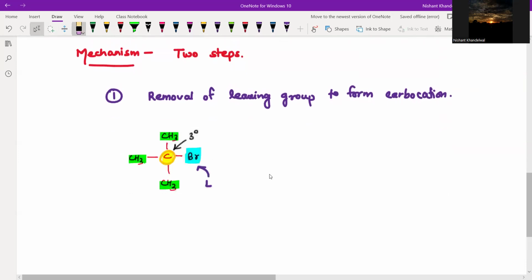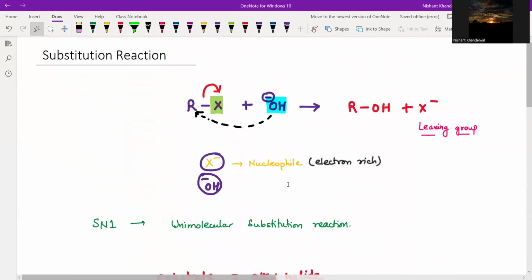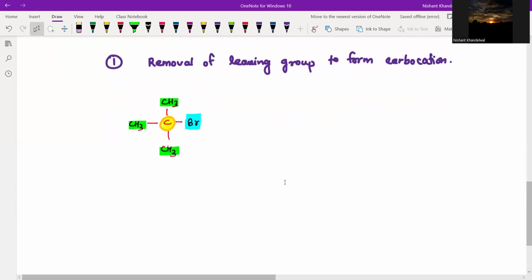So what happens here? How to show the arrows? Arrows should be shown correctly. The Br departs because Br is more electronegative, right? The arrow is always pointing towards the more electronegative element. So Br is going to leave, making this carbon center electrophilic in nature. So this is step one, and this is a slow step.